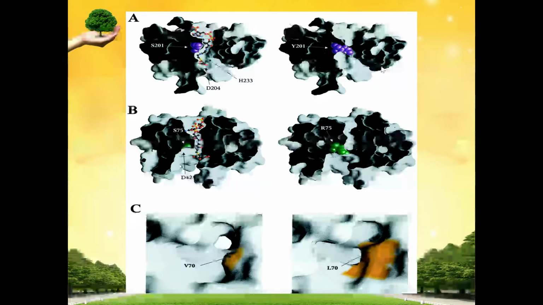In the mutated protein, this cavity is occluded by the longer side chain of the mutated amino acid, and the entrance of the substrate is prevented, which is consistent with the complete absence of activity in expression studies performed with mutants. You can see here the absence of activity, because the cavity is occluded.